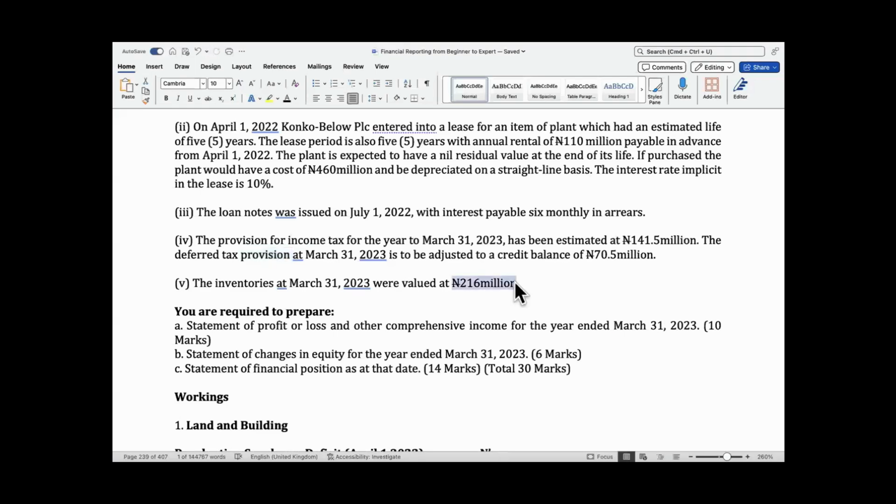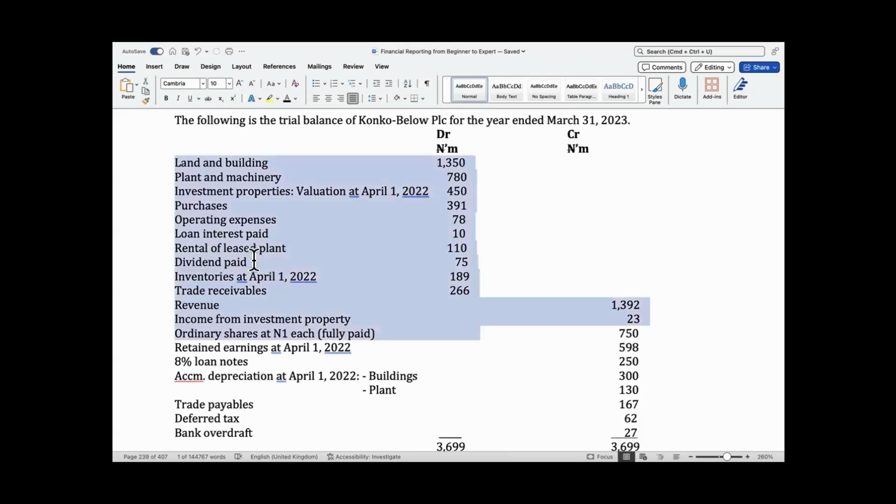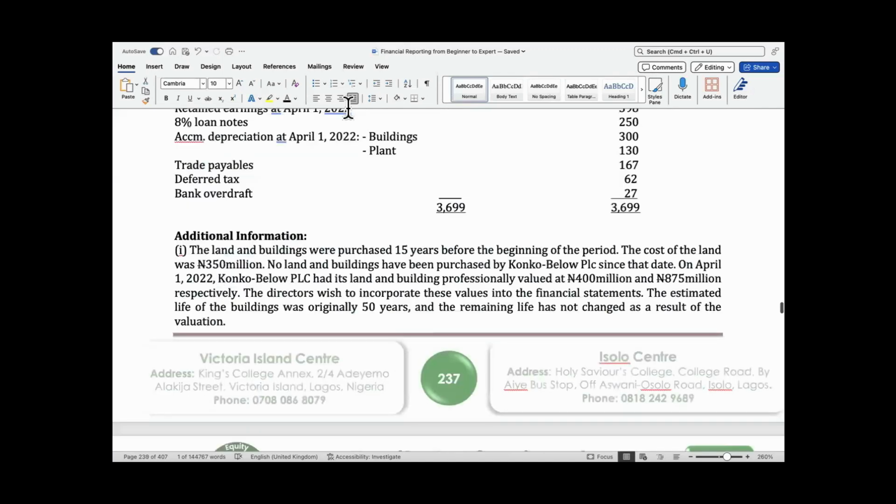Okay, so this is the question, and this is how it always comes every night. You see, they give us additional information on the trial balance. And this additional information is really speaking to items in this trial balance.